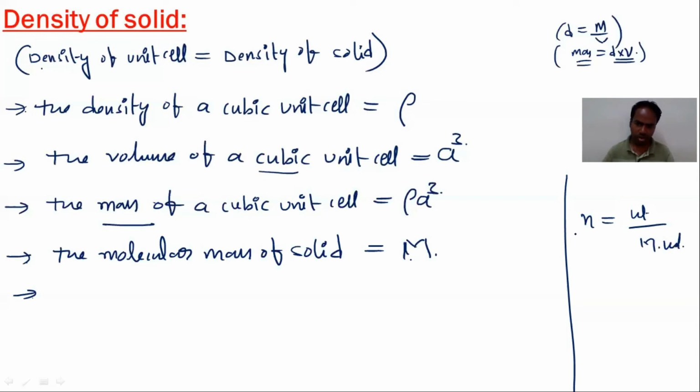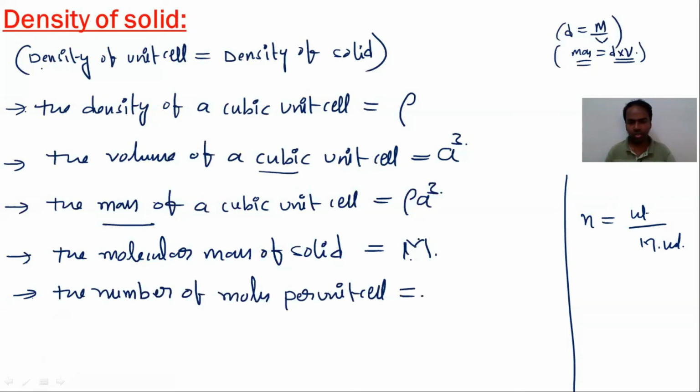Let us find the number of moles per unit cell. The mass is rho a cube, and the molecular mass is capital M. So the number of moles is rho a cube by capital M.